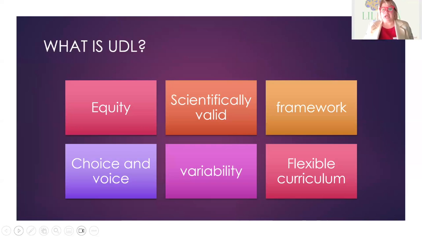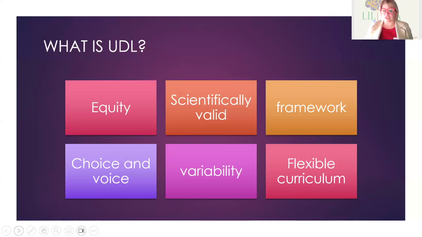So what is UDL? UDL is a scientifically valid framework. Why? Because it is based on neuroscience and cognitive psychology. They take into account the brain, how the brain works, and how knowledge is built.